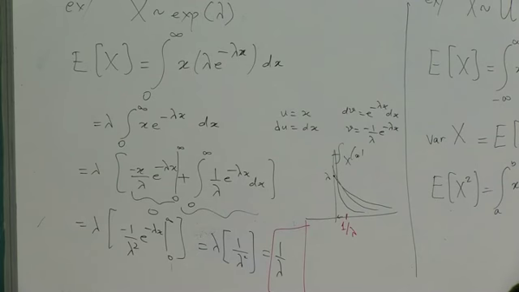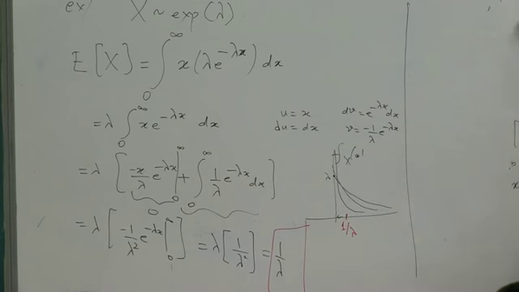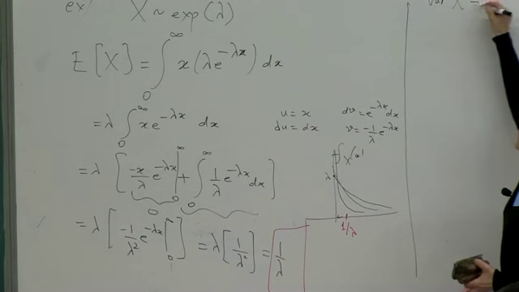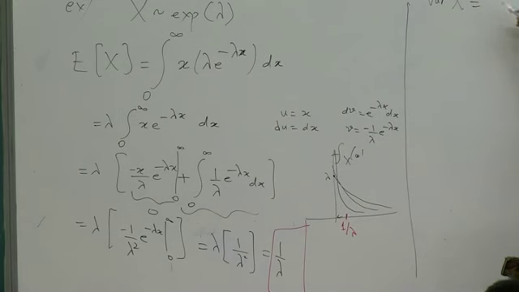Let's find the variance then. The variance of x is, remember, the expected value of x squared minus 1 over lambda squared.